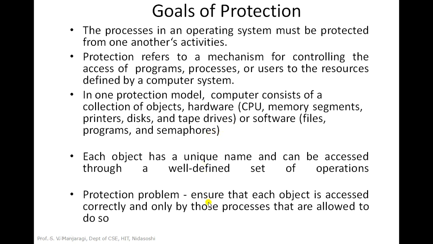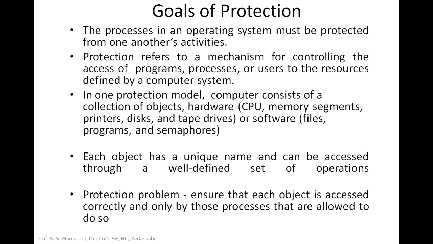Each object has a unique name and can be accessed through a well-defined set of operations. Every object in the system is identified by a unique name and it is accessed through some set of well-defined operations. Now understand what is the protection problem. Here we need to ensure that each object is accessed correctly and only by those processes that are allowed to do so.